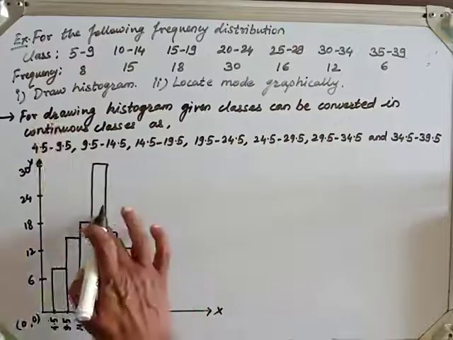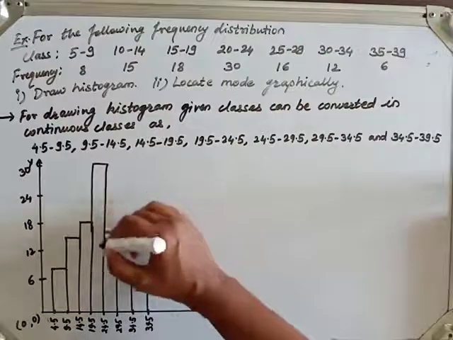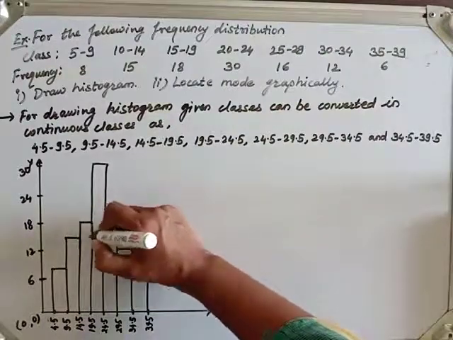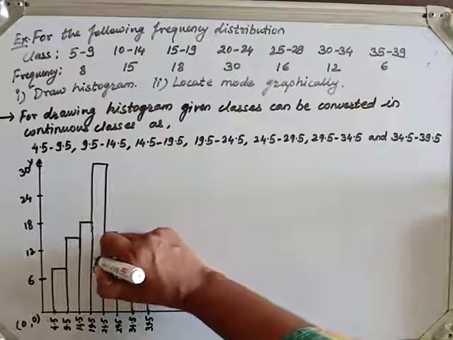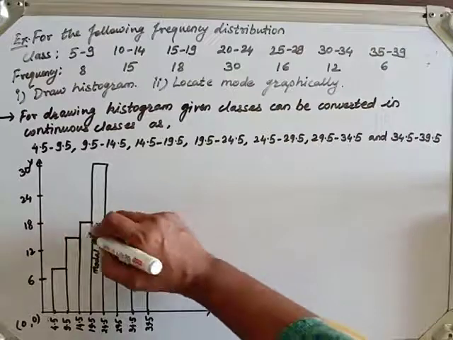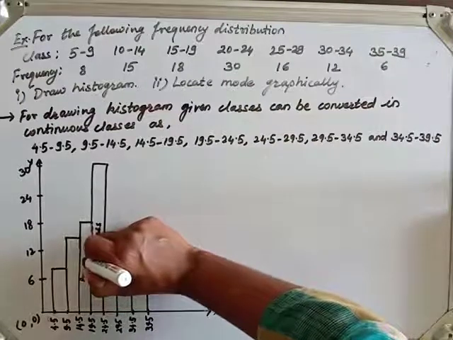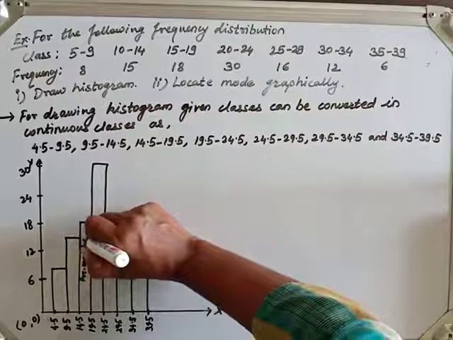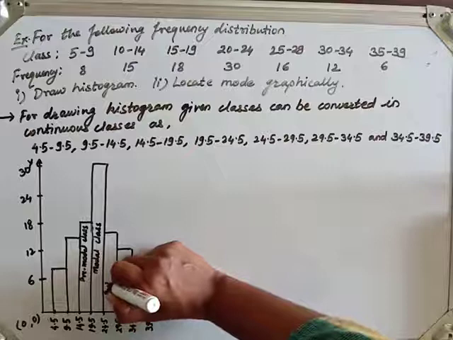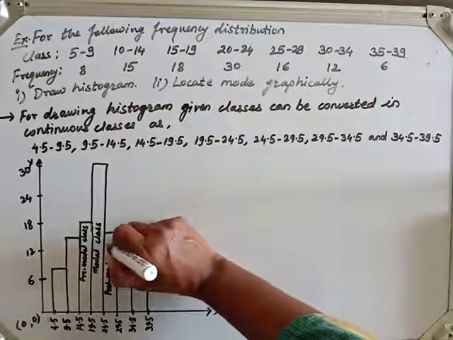Now as I explained in the theoretical part, look here, the bar with maximum height is the modal class. The class before that one is the pre-modal class, and the one after that is the post-modal class.